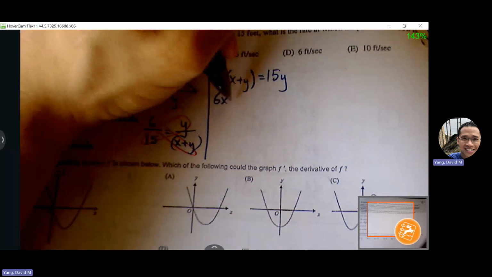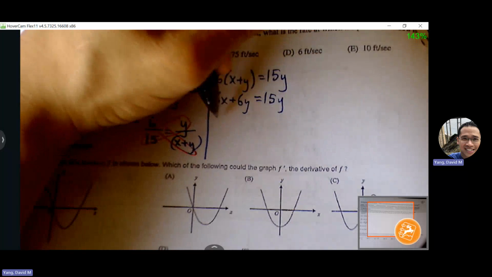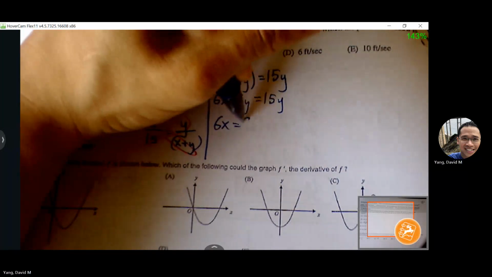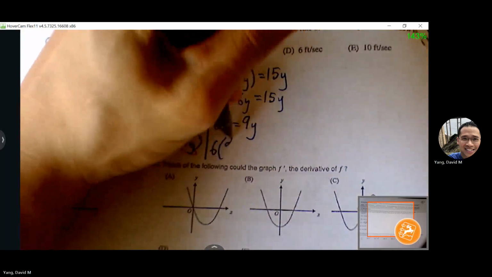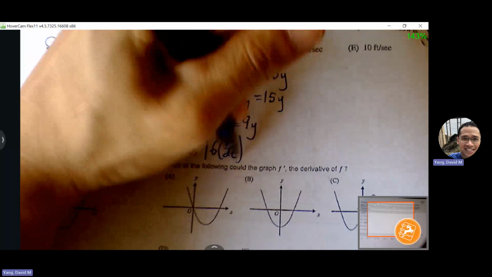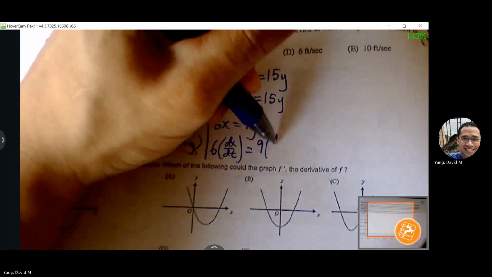Okay, let's clean up as much as we can, get all of our like terms to come together. Okay, so now let's find the derivative. Every variable gets impacted by time. 6x becomes what? Good. 9y becomes 9 dy dt.